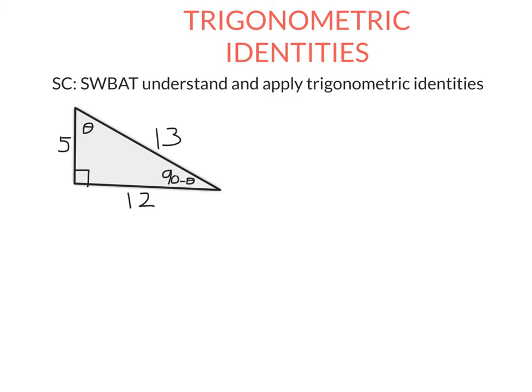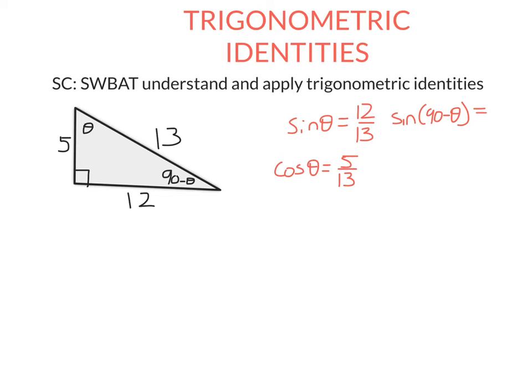So we found out before that sine of theta is equal to 12 over 13. We found that cos of theta was equal to 5 over 13. Now sine of 90 minus theta is going to be the sine of this angle here. So this now becomes the opposite and this is the hypotenuse.